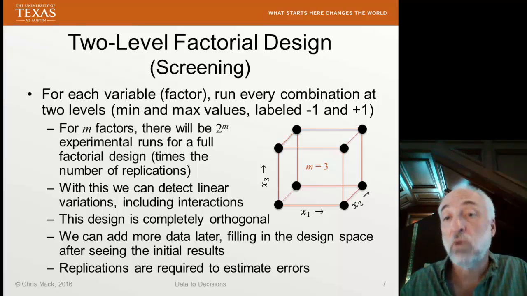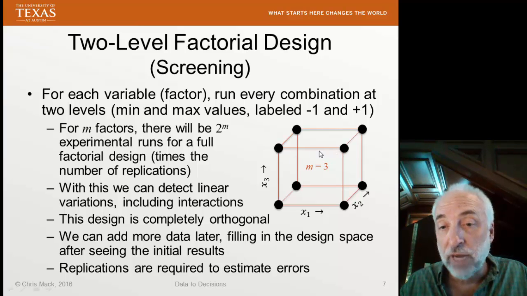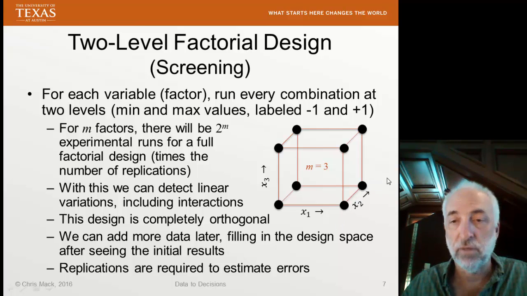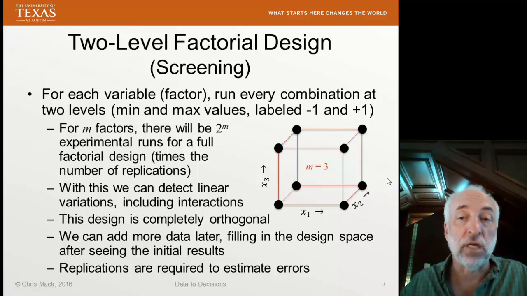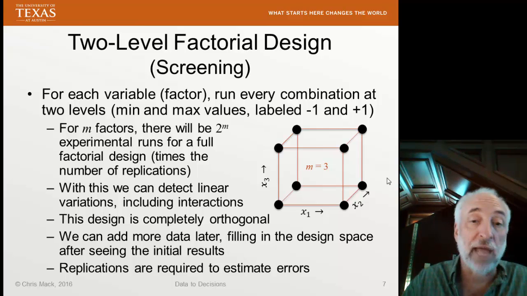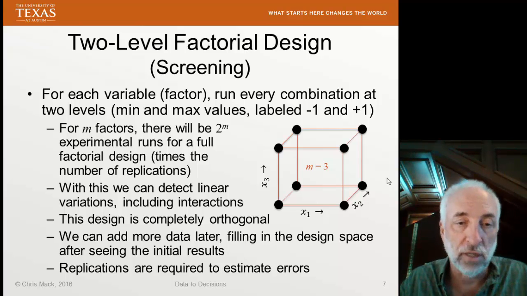With this, in each variable direction, say x1 or x2, I can only detect linear variations. I can see if it's changing, but I don't really know if it's changing in a linear way or a complicated way. I can't see that. But I can also detect interactions. All the interactions are covered here.